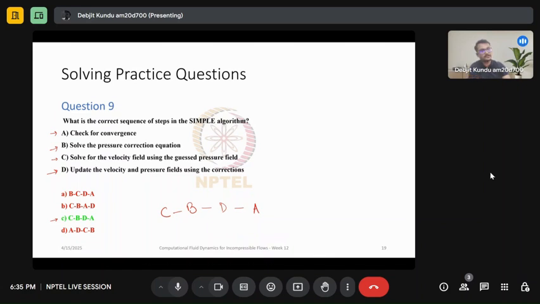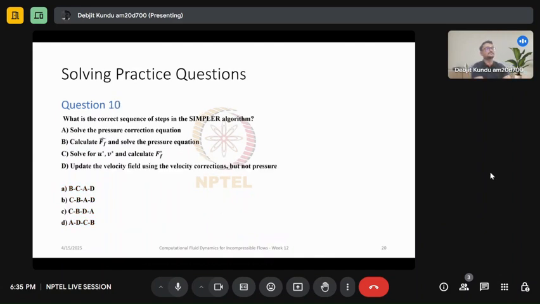Hope that's clear. We will move along to question number 10, which is asking what the correct sequence of steps is. Same question, but about the SIMPLER algorithm.